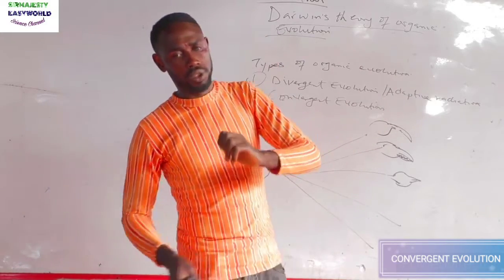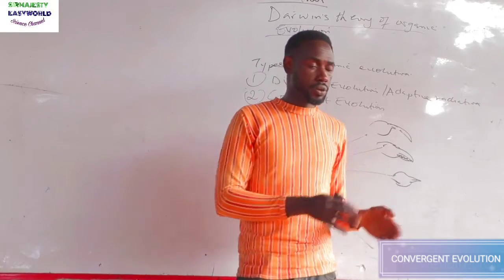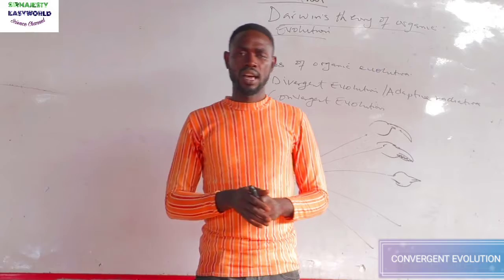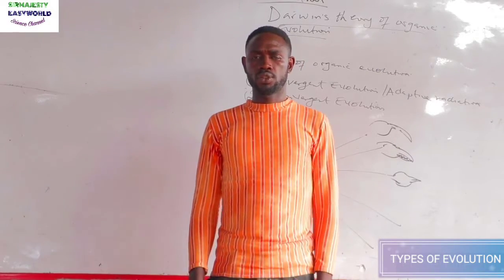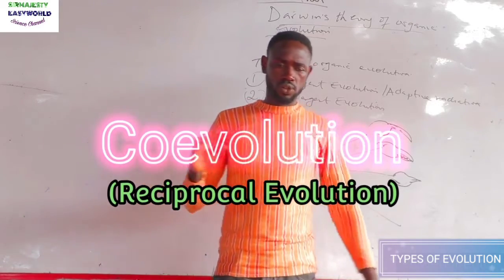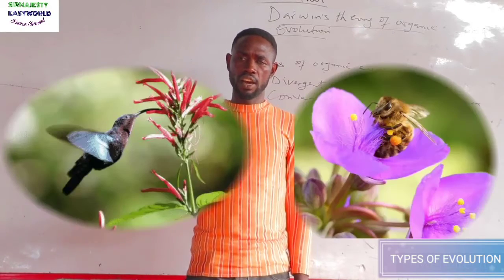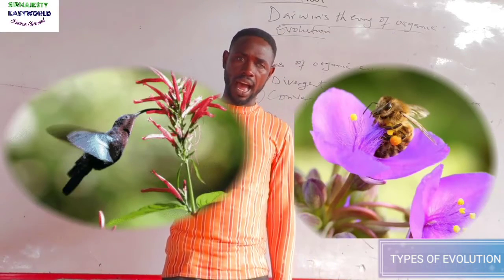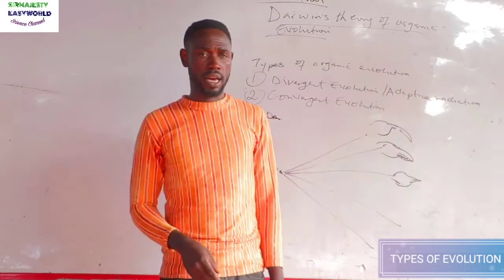Then other forms of evolution that might be discussed are parallel evolution, co-evolution, and most importantly, microevolution. So, I'll take co-evolution. Evolution of two different species that complementarily need each other. That is evolution of a flower and the insect pollinator of that flower.